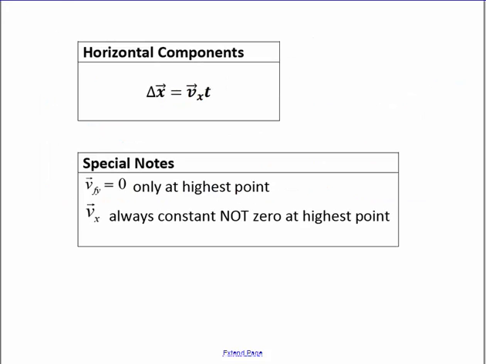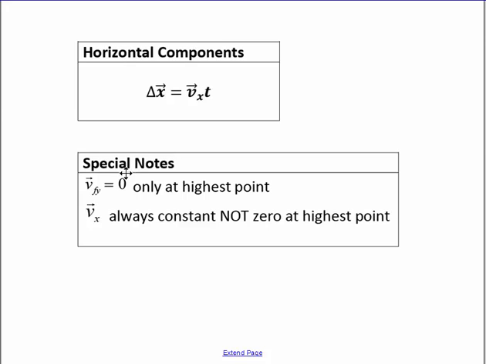Now, when you get into the horizontal component, you're going to notice that for the majority of physics problems, and especially all the ones we'll be doing in this class, we will have no acceleration in the horizontal. So all we're really saying is that the change in the horizontal position is equal to the velocity, which is constant, times the time interval.